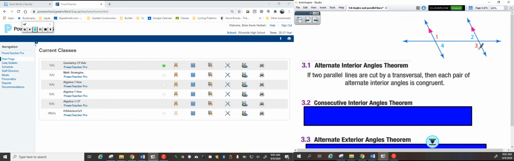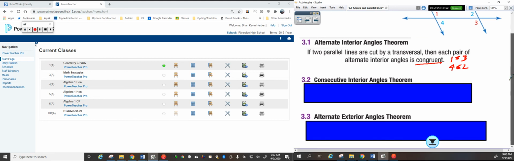So 1 and 3 are alternate interior angles. What's another pair of alternate interior angles? 4 and 2. Okay? All right, so 1 and 3, 2 and 4, alternate interior angles. They are always congruent if these lines are parallel.